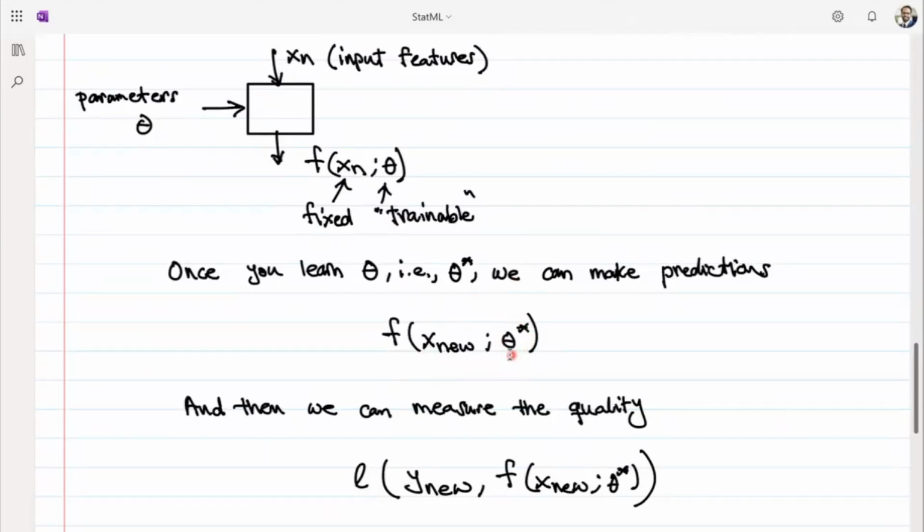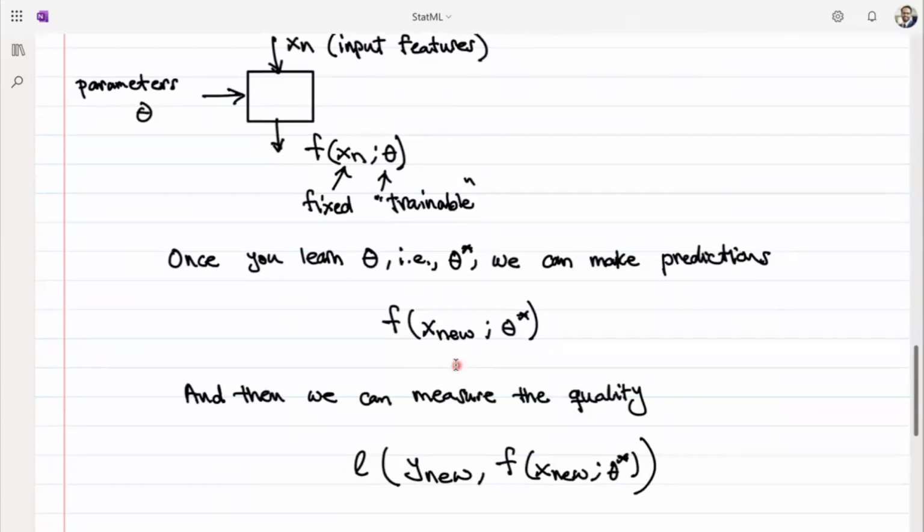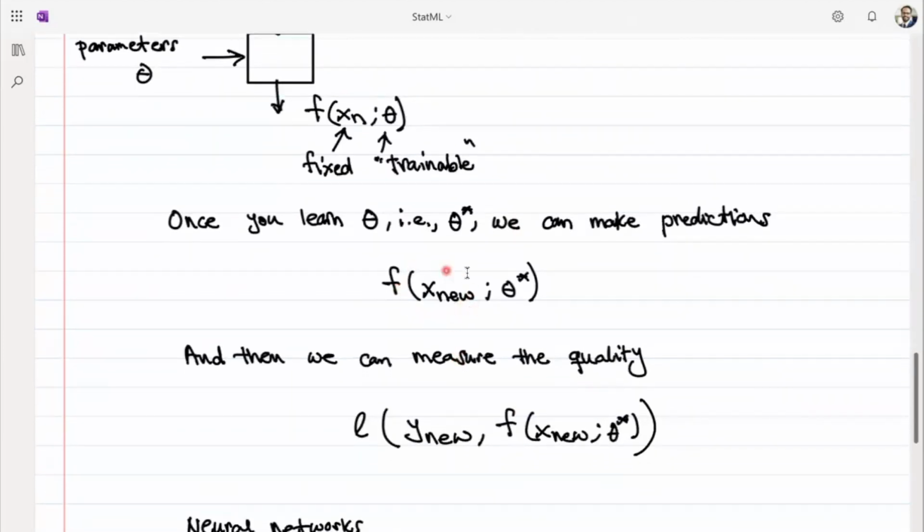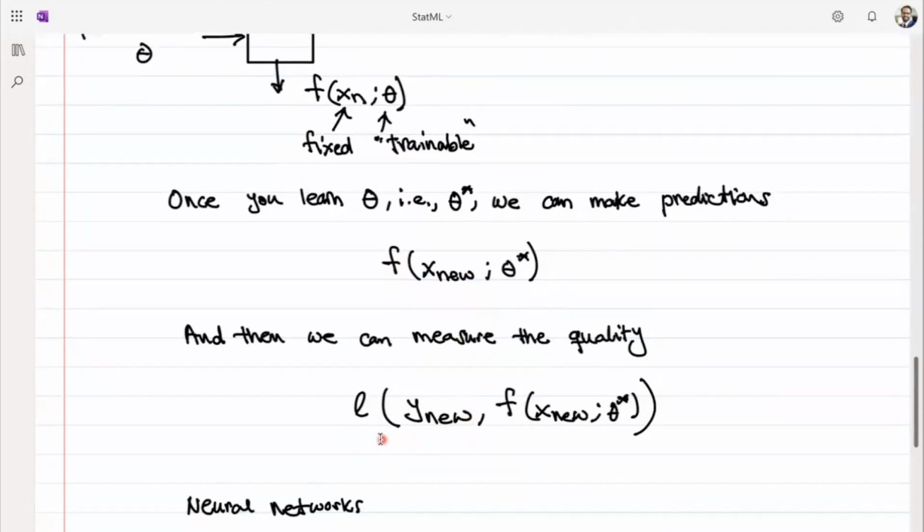And you know the optimal value of theta, and so you fully know this function and you're able to make predictions for this new or test data point. And now, if you assume that somehow you have the label or response for your new input, you can plug this back into your loss function and see how good that prediction is.